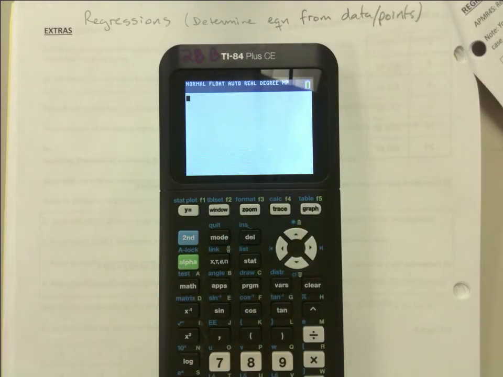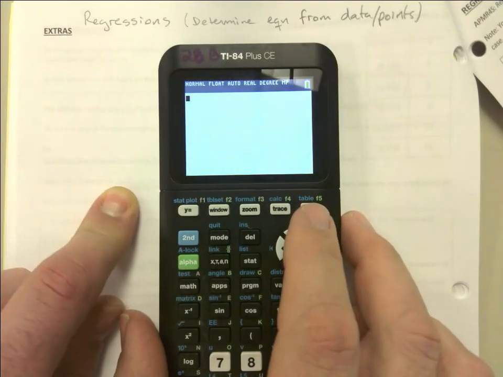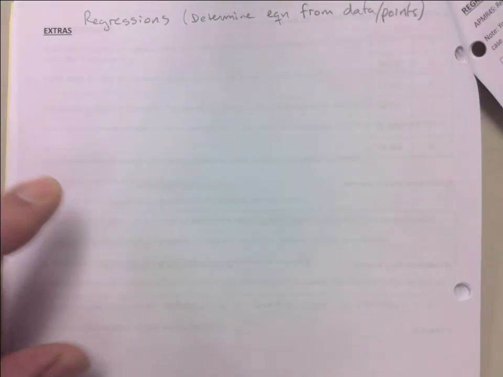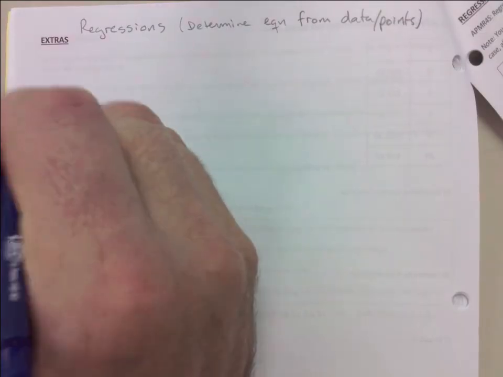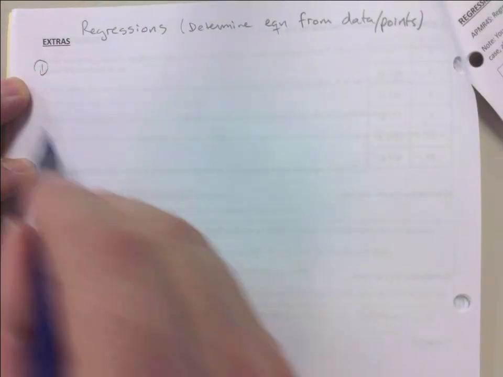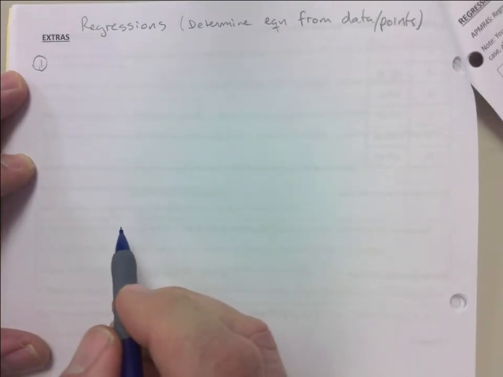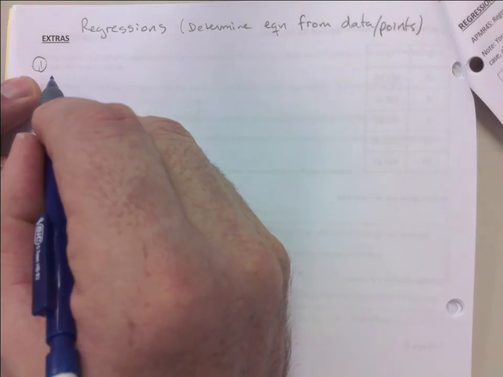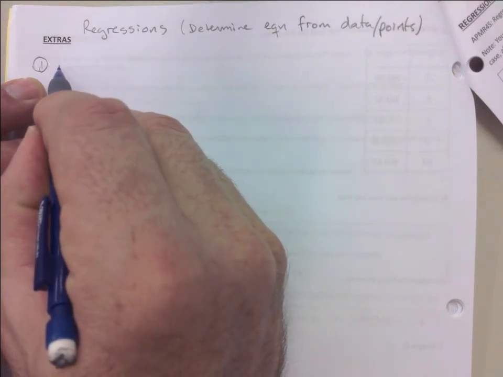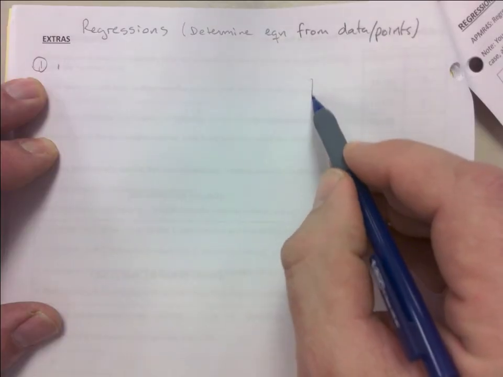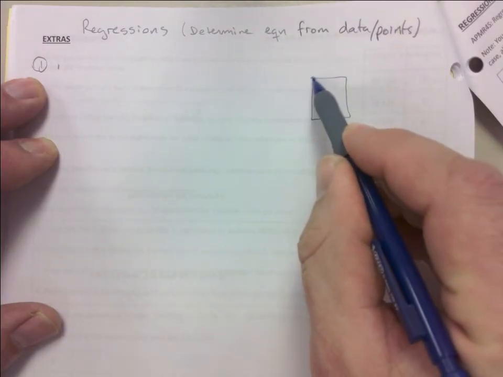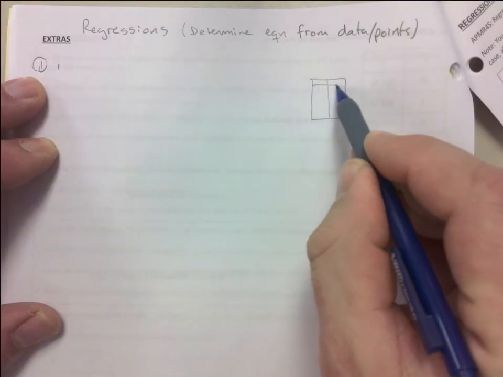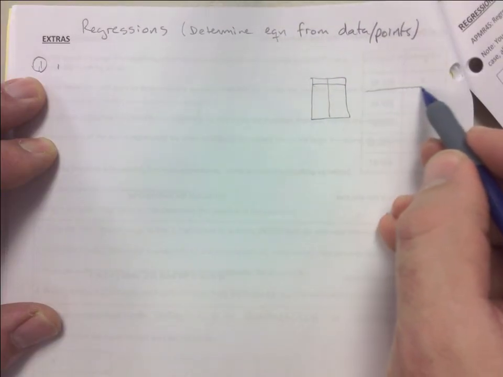Okay, now I will write down the steps first, and then we will go through one together. So the first step, it's going to be a bit overwhelming, and after a while you're going to be masters at this, right? If you were in grade 11 applied, you already know this. But we enter, so if we have a table, let's make a little table here. It may look like this, or it may be a horizontal table.